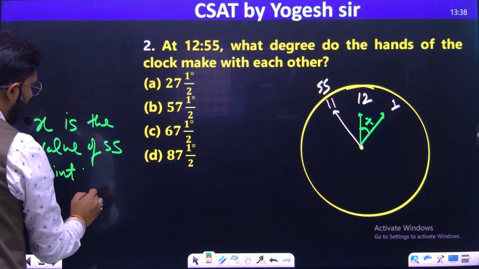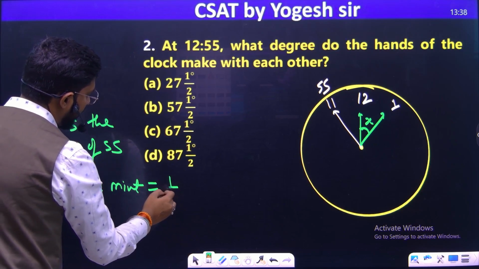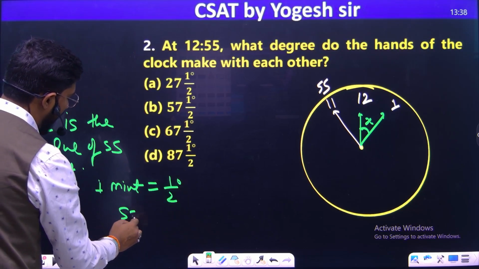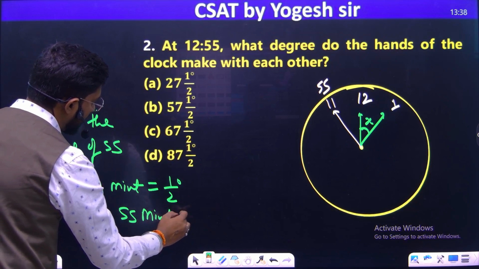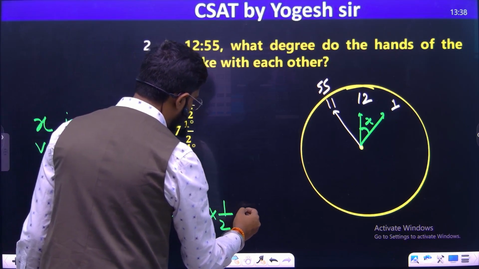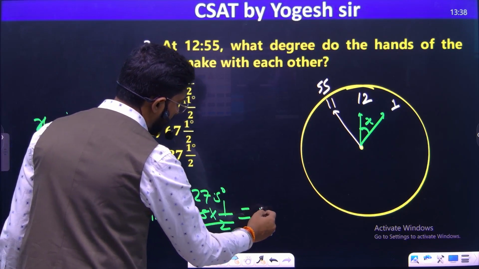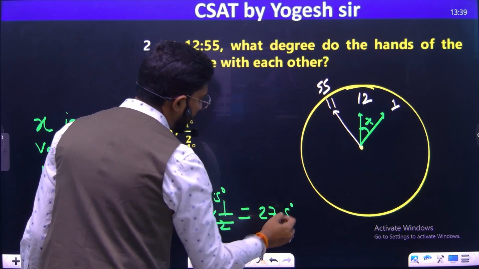The value of 1 minute is half a degree, so the value of 55 minutes is 55 into half, that is 27.5 degrees.